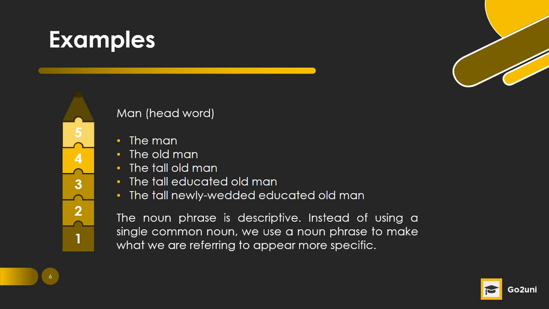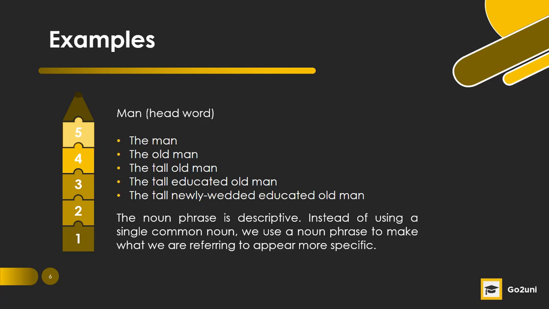Let's look at the example that we've given. Let's take the example man. Man is generic. When you say a man is coming here, nobody knows the person, and nobody will even know the person when you simply say a man. But when you say the man, it gives someone a picture, probably someone you have mentioned, or someone that the listener is aware of.